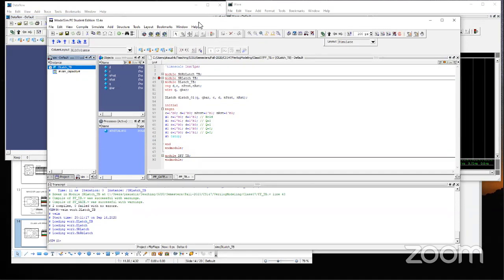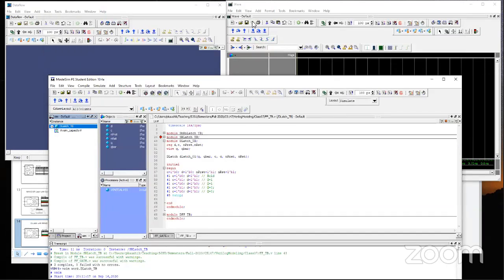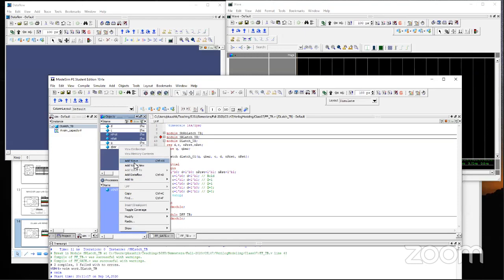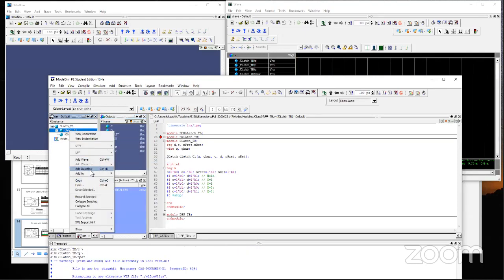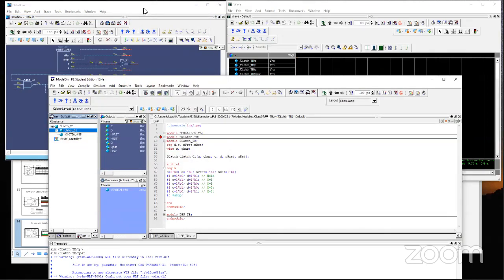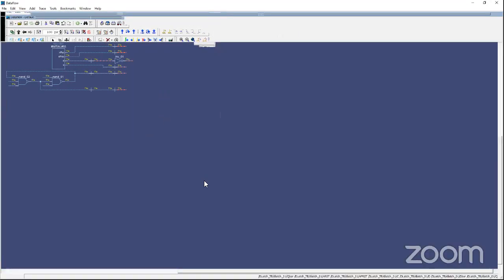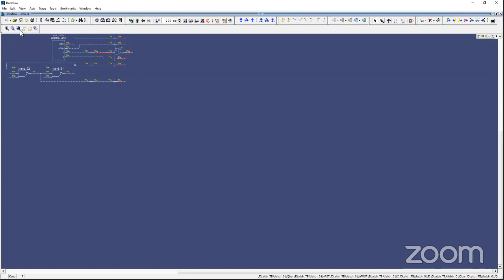Okay, then pick up the latch test bench. Let's see. D, C, Q, QB. Let's add these to the waveform, and let's add these in the data flow. Take care of this.